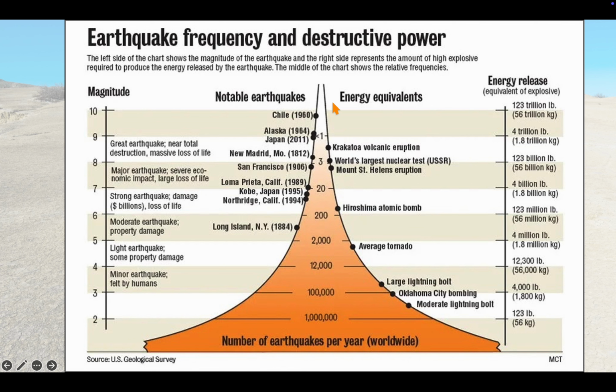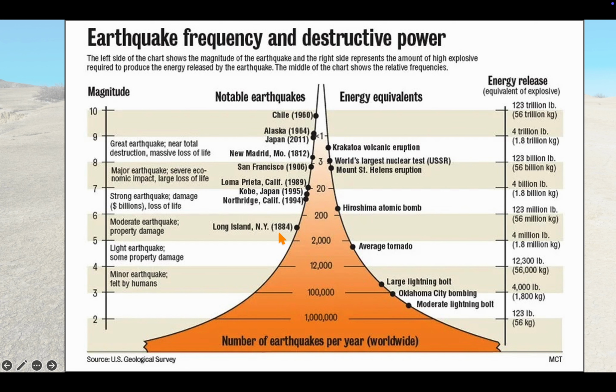These are extremely damaging. There's probably not going to be much left if it hits a big city. Stronger than the atomic bomb that was dropped in Hiroshima if you're up here at the level 10. So you can see some of these other comparisons as to equivalencies for energy.